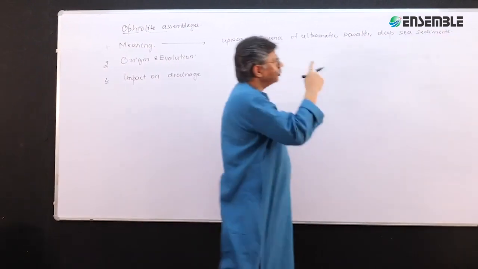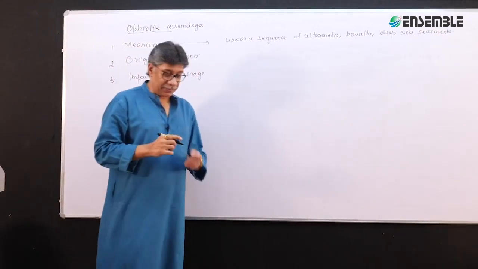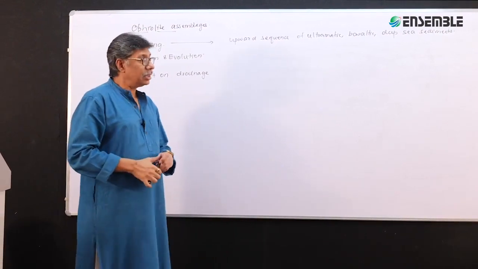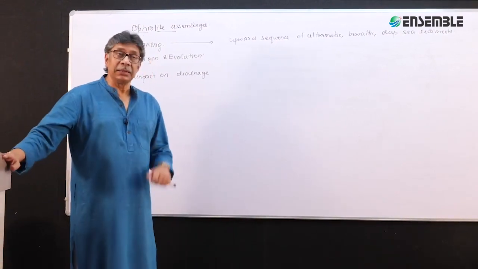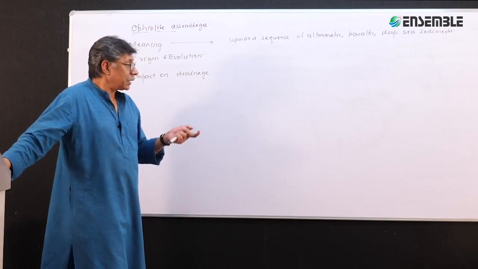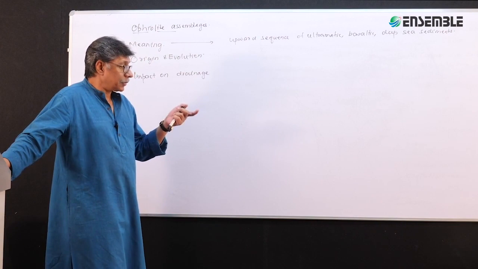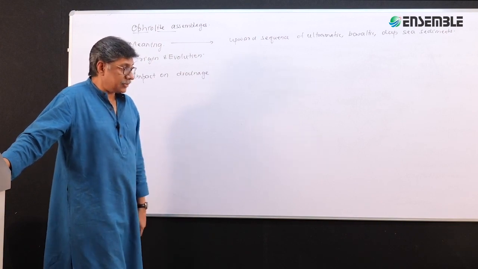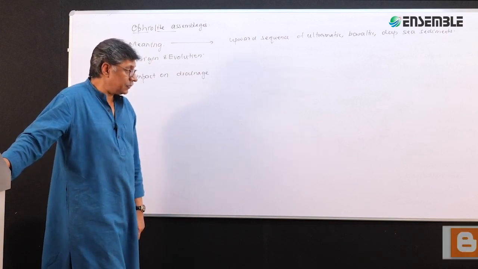Now we are not talking about shallow sea sediments, but deep sea sediments. That means those sediments found 4,000 to 6,000 meters below the surface, that means 4 to 6 kilometers beneath the surface.